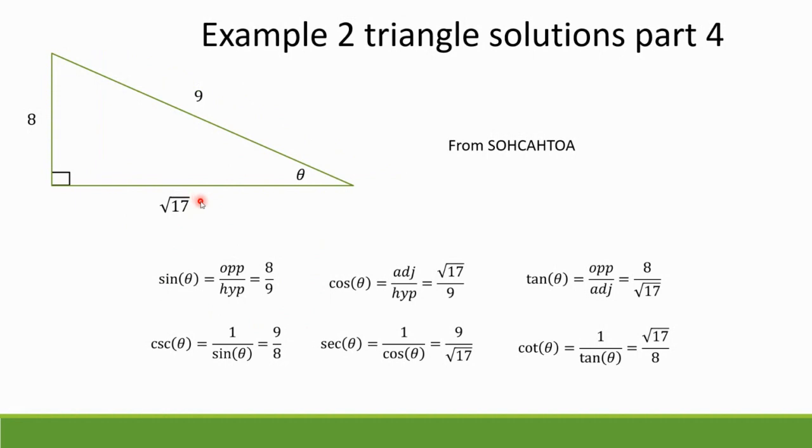And then the rest is actually easy. You just use SOHCAHTOA and the reciprocal identities. We know sine is 8 over 9. Cosecant is 9 over 8. Cosine of theta is adjacent divided by hypotenuse, so that's radical 17 over 9.